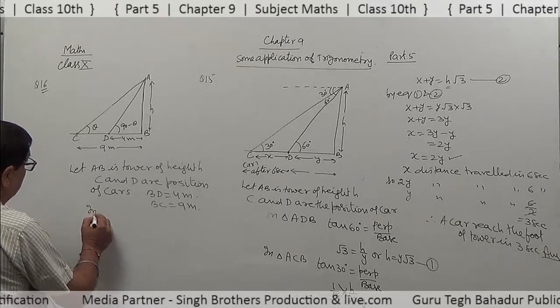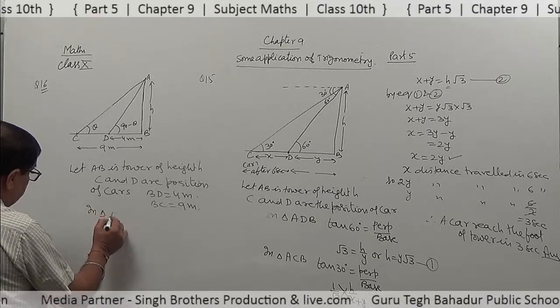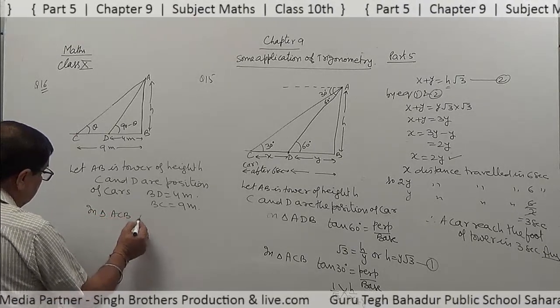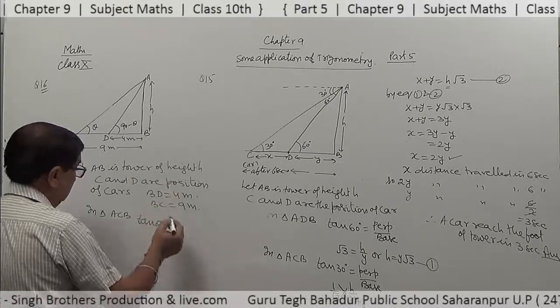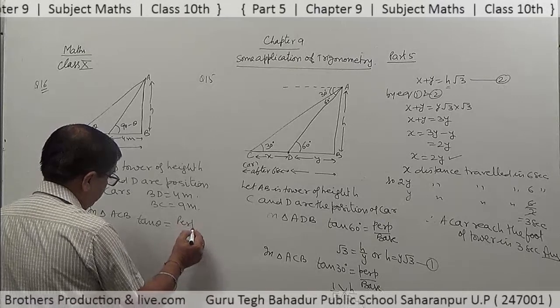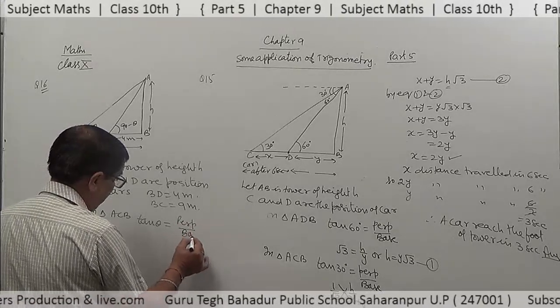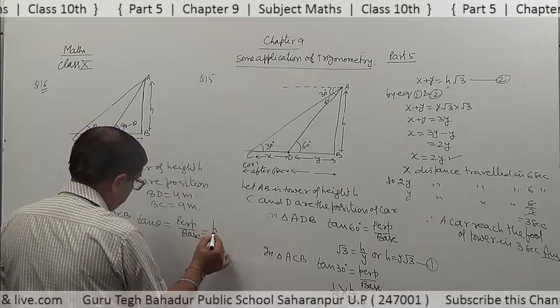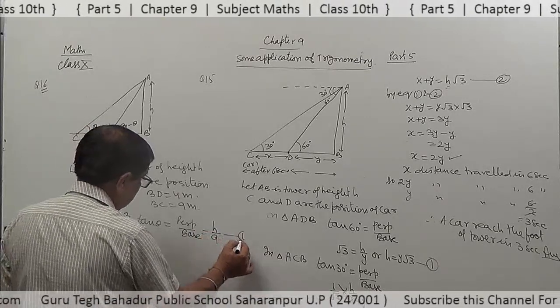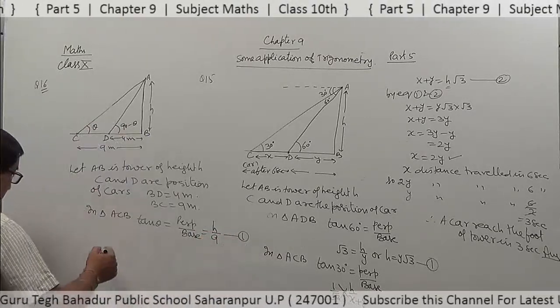In triangle ACB, tan theta is equal to perpendicular upon base, that is h upon 9. This is the first equation.